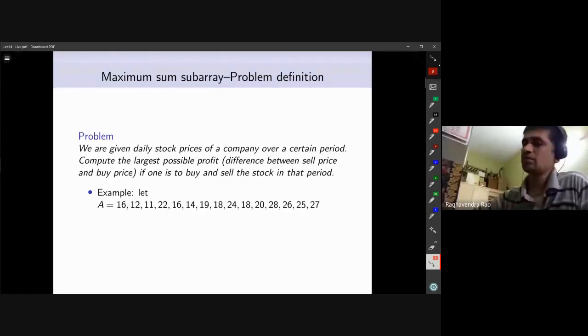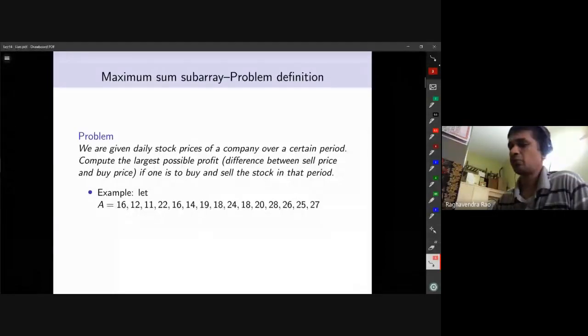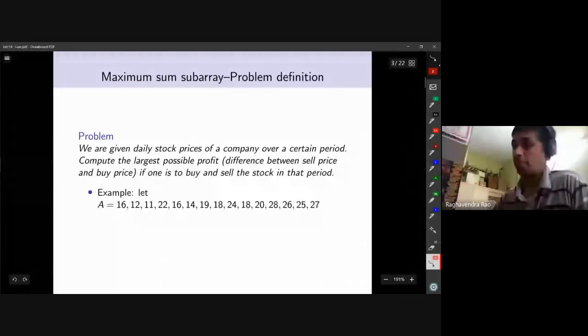So we haven't decided which day we should buy and which day we should sell. The requirement here is to compute the largest possible profit per share if one is to buy and sell the stock in that period.